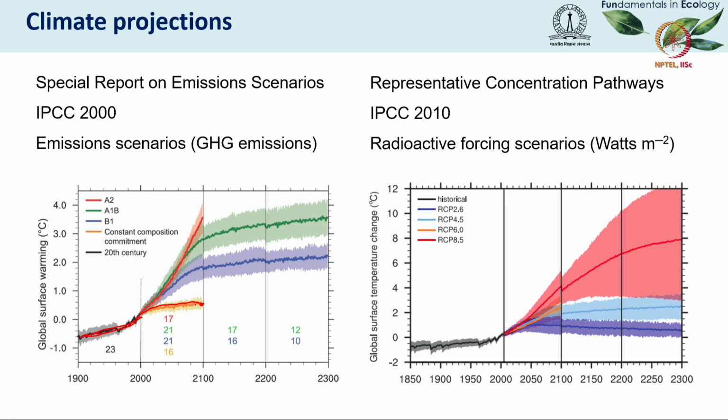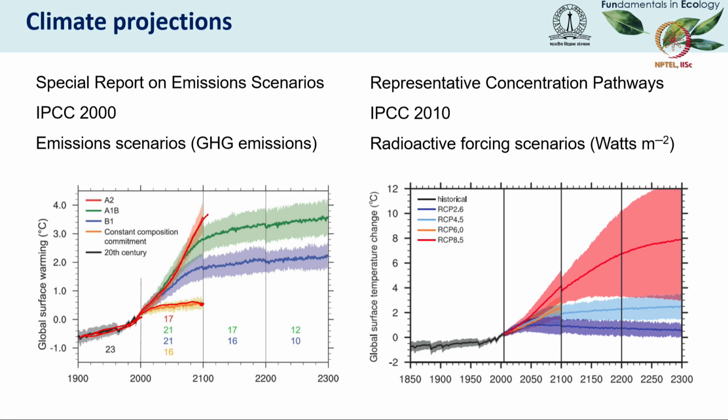That has of course not happened, but under conditions where we continue to burn fossil fuels at the rate at which we are burning them, we might end up with climate change of about 3.1 degrees Celsius by the end of the century.